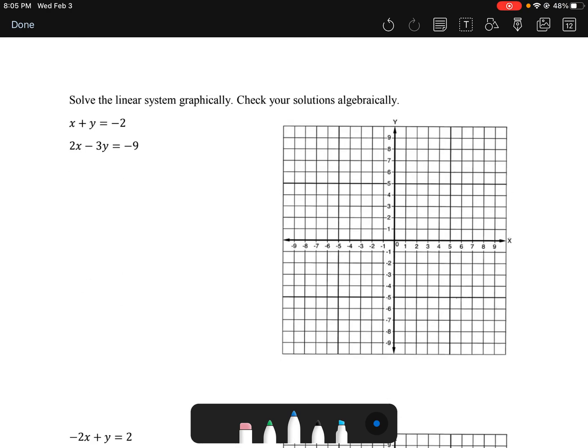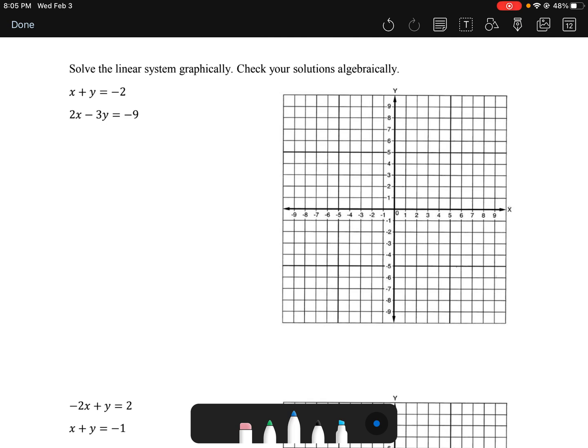So I have 2 cool examples here for us. We want to solve these systems graphically, and then check our solutions algebraically. So I'm going to take each equation and write them in slope-intercept form. For this first one, I will subtract x from both sides.